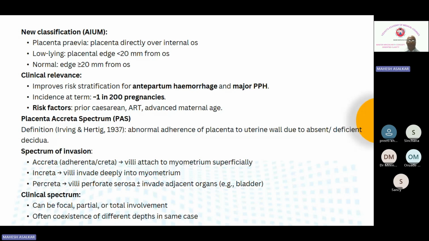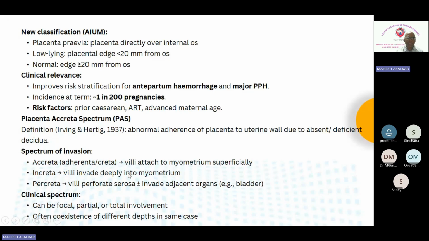Placenta accreta spectrum is abnormal adherence of the placenta to the uterine wall due to absent or deficient decidua. So this is actually the pathology, where there is an absent or deficient decidua. Now, the spectrum of invasion may be accreta, increta, percreta. Accreta has villi attached to the myometrium superficially.